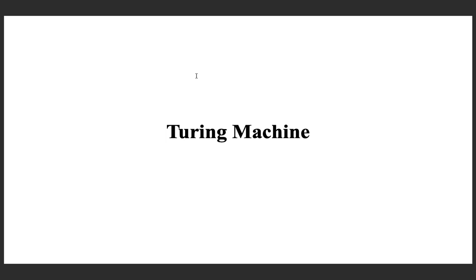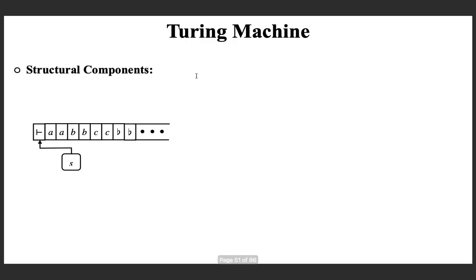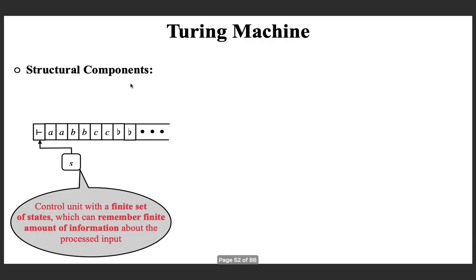The meaning, semantics, transition functions, etc. are the same. This is a Turing machine, structurally a finite control unit, same as in the case of linear bounded automata, pushdown automata and finite state automata, a control unit with finitely many states.